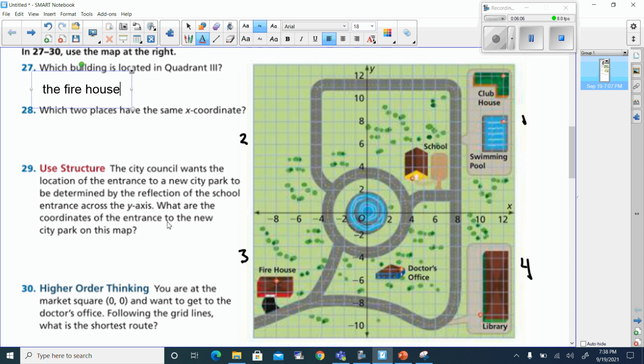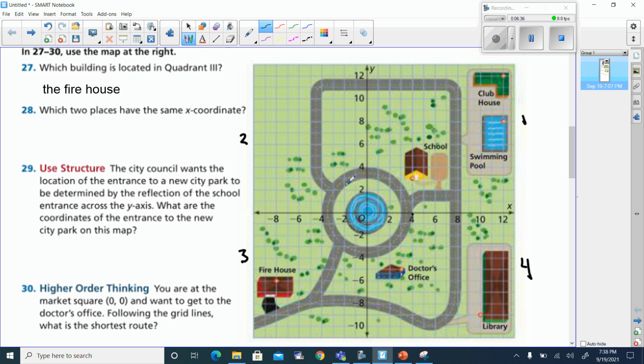What are the coordinates of the new city park? Well, it looks like this is the entrance here, right? Because this is a little door here. And so that would mean across the y-axis, this is the y-axis, they want it to be reflected. Reflected means I'm going to take it across the y to the same location. Now, the entrance from what I see is right here would be at 4 and 2.5.